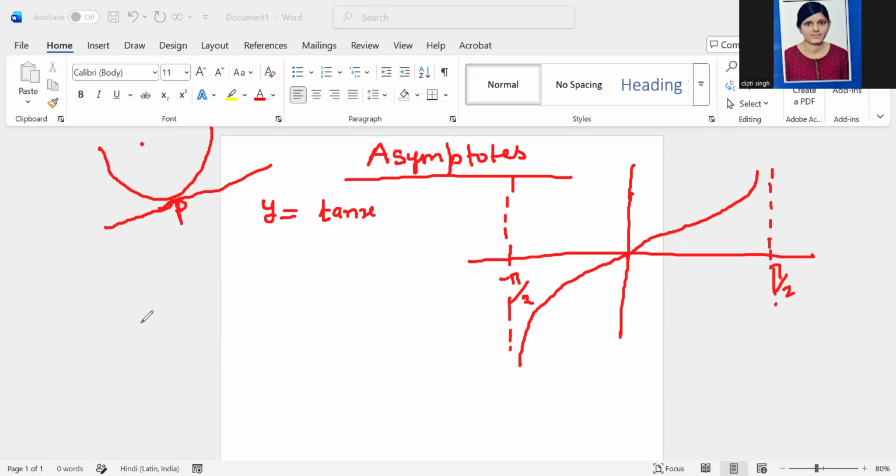Okay, so let us move to how to calculate asymptotes. Let us first do one question regarding this, then I will tell you about the formula.